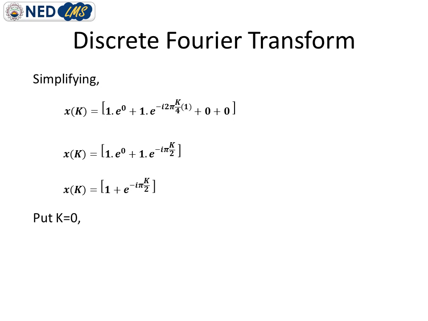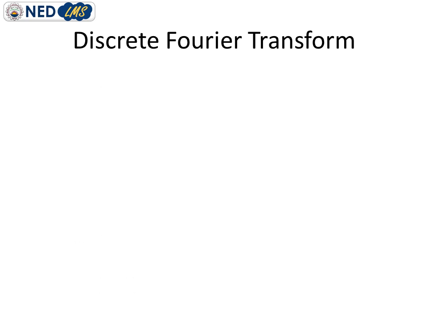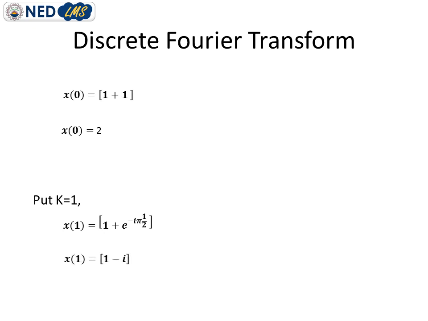Now we have to vary the value of k from 0 to n minus 1. So first we put the value of k as 0. When we put k as 0, the equation becomes 1 plus 1 is 2, and we get x of 0 as 2. Now in the second step, we put k as 1, and you can see that we will get 1 minus iota.